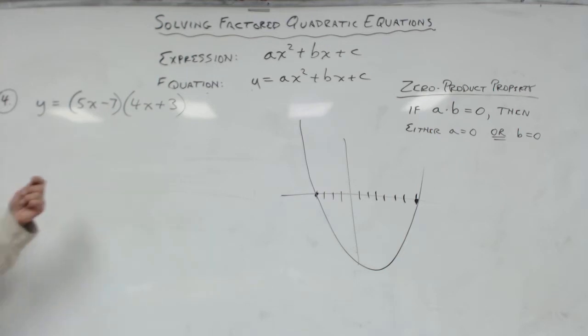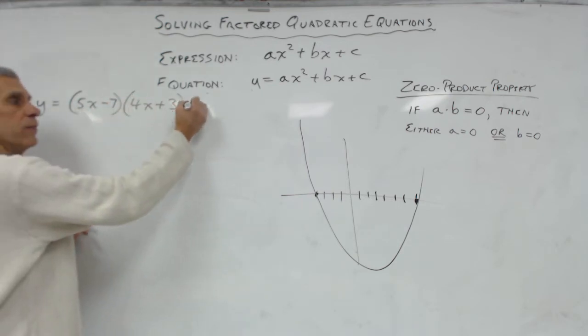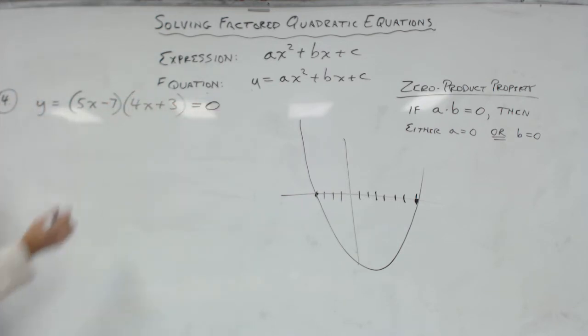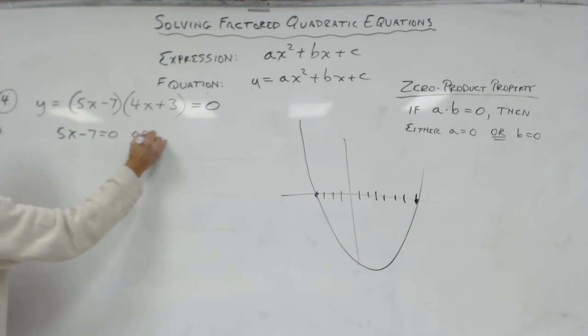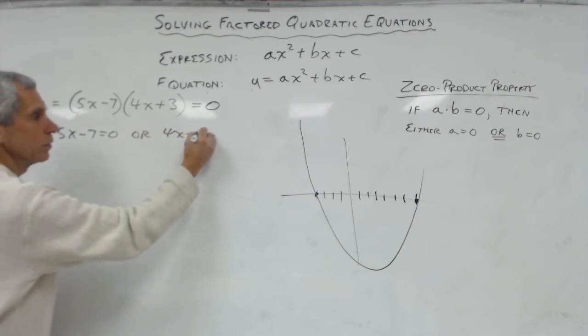Okay, so help me out. What do I do? What's the first step? I have to make it equal to 0 first, right? So, okay, go ahead. Now say it. 5x minus 7 equals 0, and then 4x plus 3 equals 0.